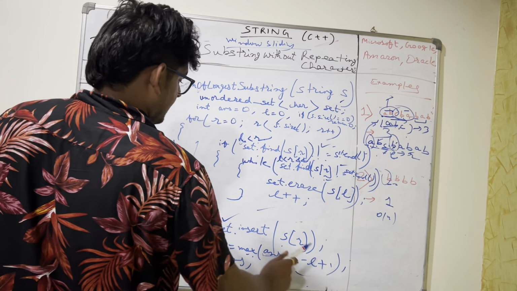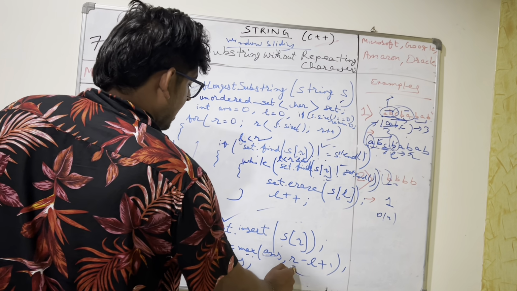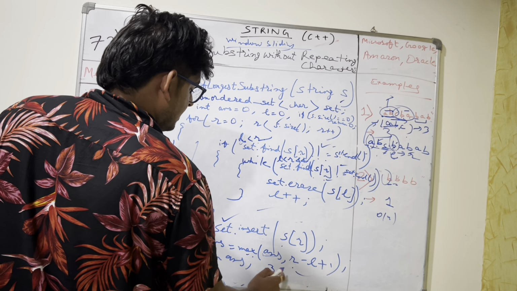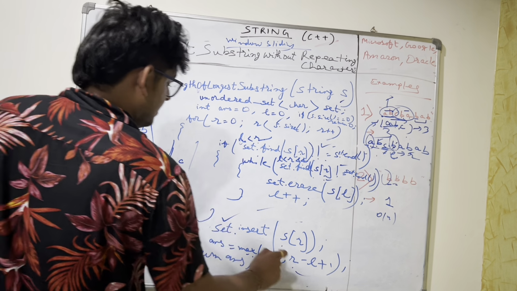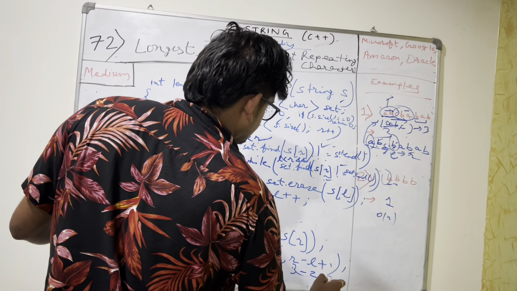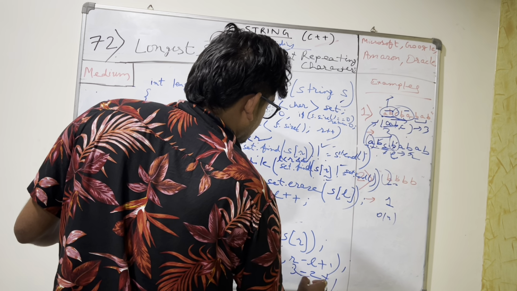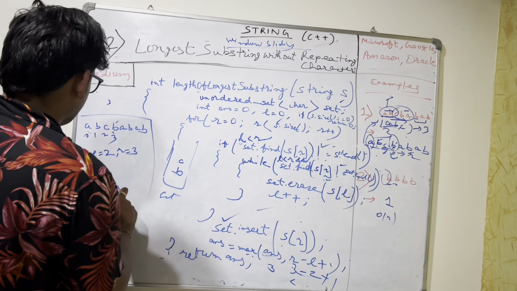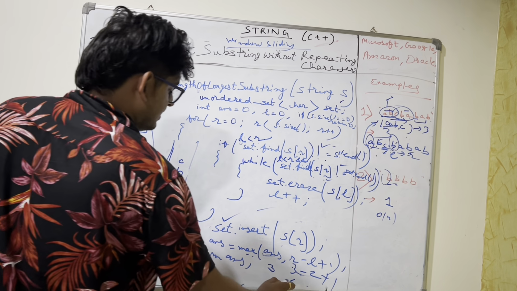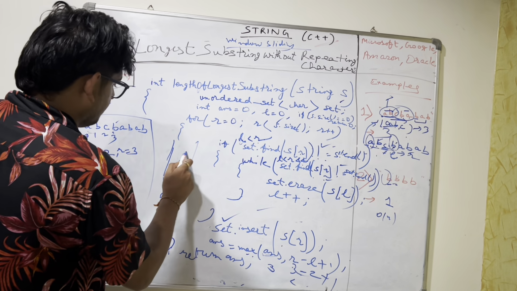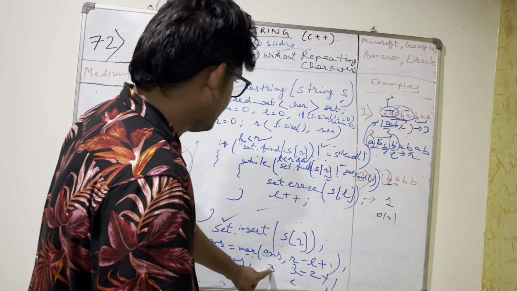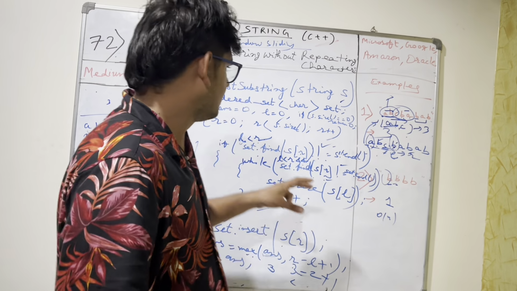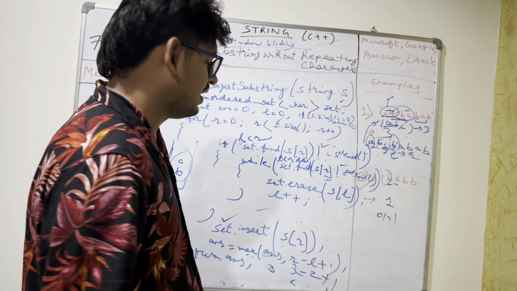Now when we compare, our answer's value is 3, R's value is 3, L has increased to 2, so 3 minus 2 plus 1 is 2. Between 2 and 3, the greater is 3, because there are 2 elements in the set. In this we will compare. I think you've understood the dry run as well.